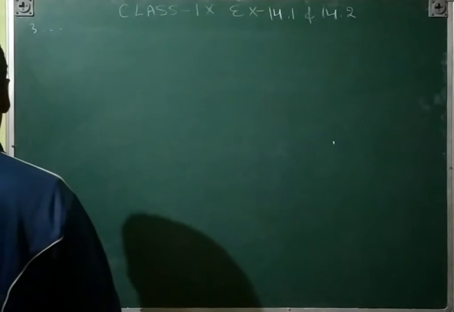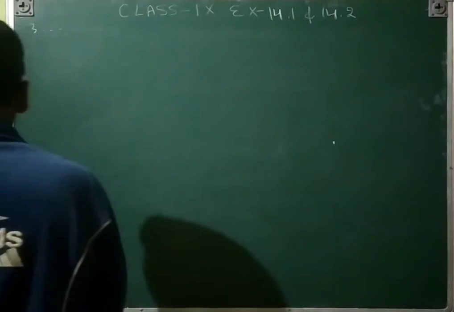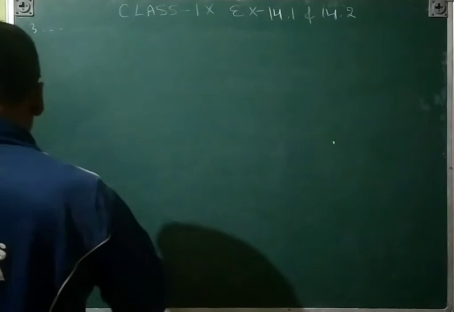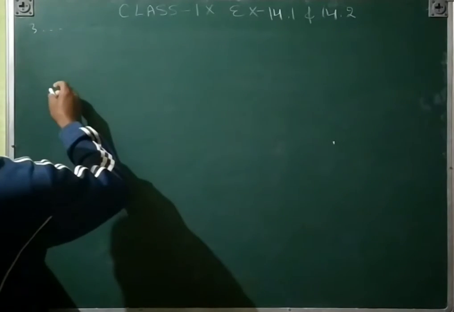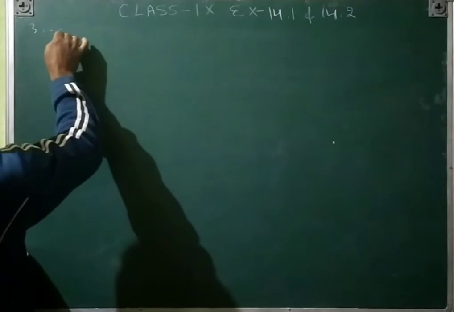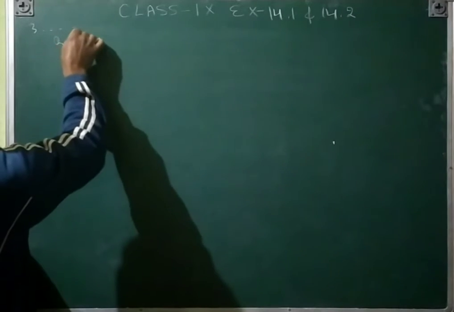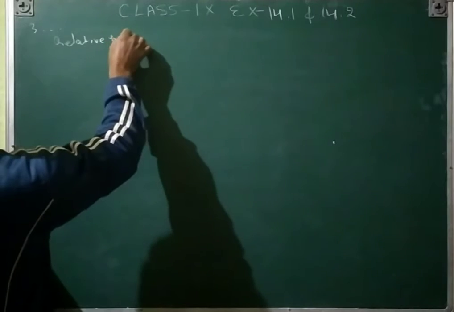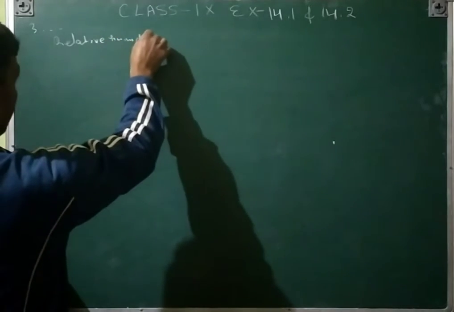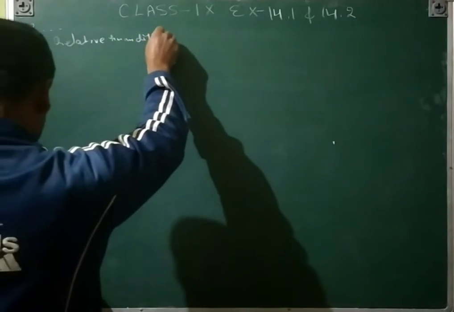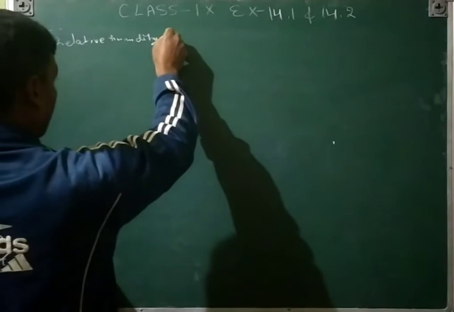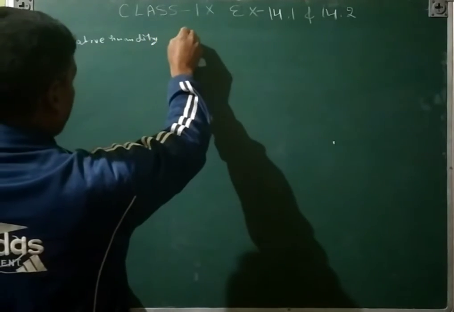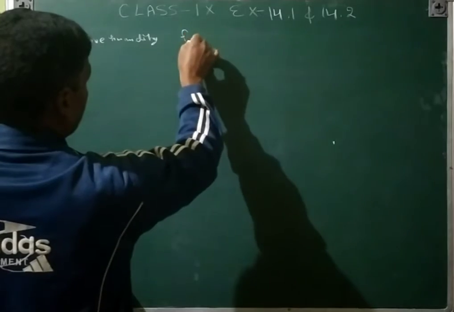So we will draw the table with relative humidity and the frequency, which we can write as F only.